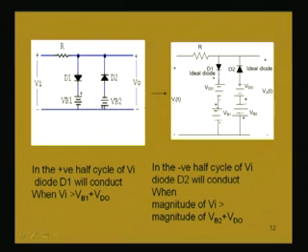In the negative half cycle again, if we see, the diode D2 will be conducting when the magnitude of Vi is higher than the magnitude of VB2 plus VD naught, because it is in the negative half.